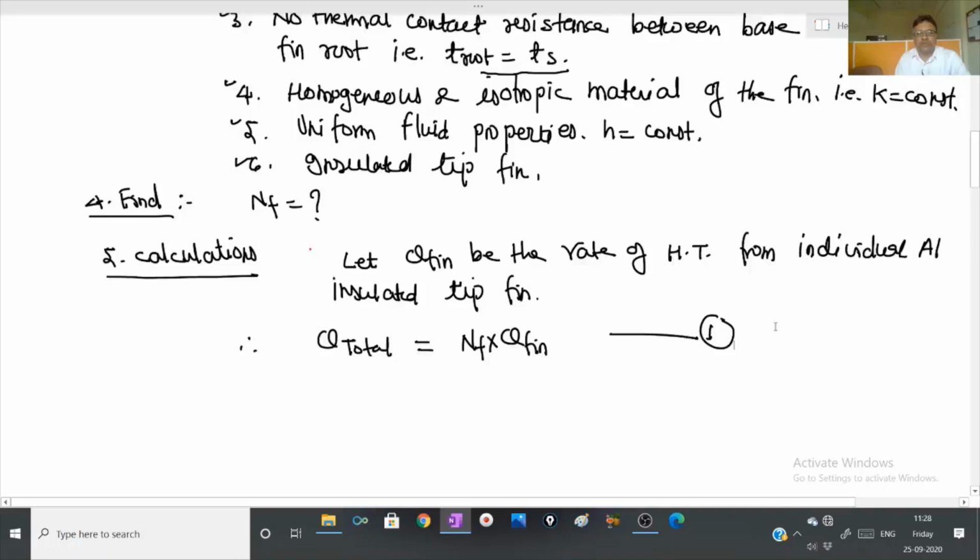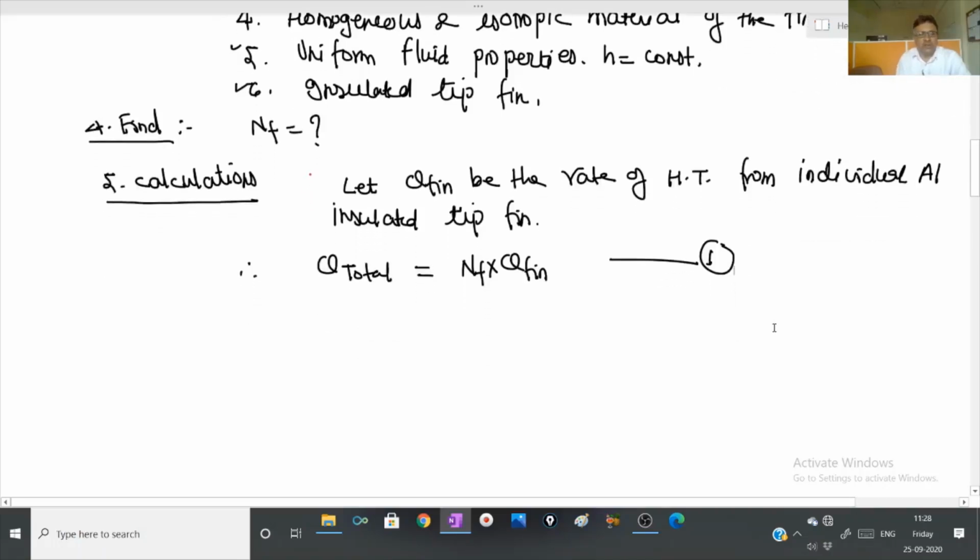So from this equation 1, I can calculate the number of fins, provided I am able to calculate the heat dissipated from a single fin, that is insulated tip fin. Okay, so let us calculate this Q fin first.